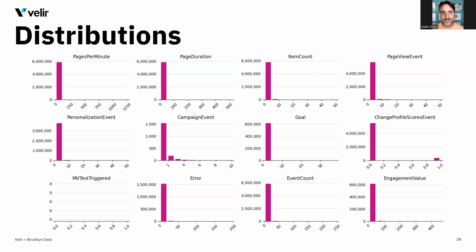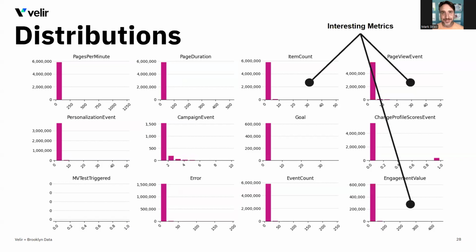What I'm looking at here is these 3 very interesting metrics, right? The item count, page view events, and the engagement value. Think of the item count and page view as if I went to the home page and hit refresh: that's 1 item count, but 2 page view events.